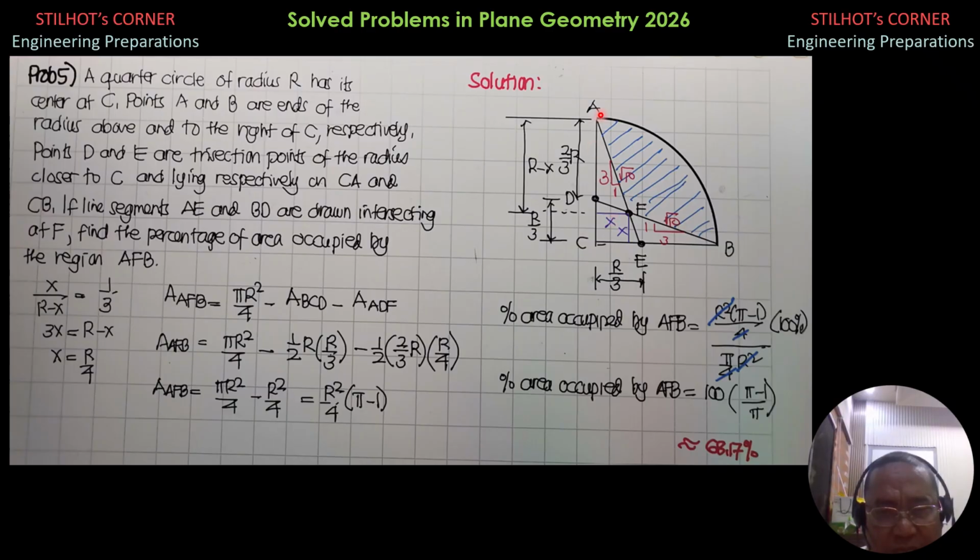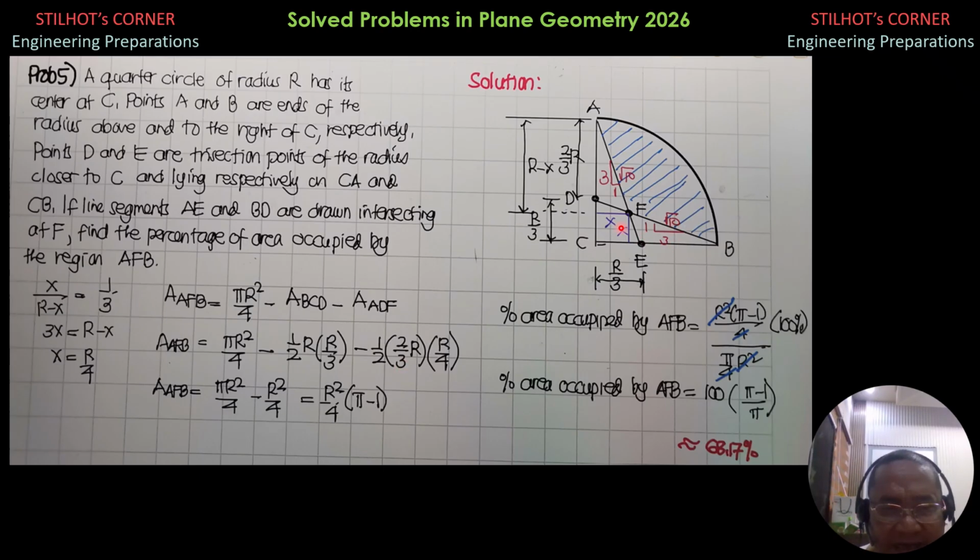The slope is, because this is r over 3 and that is r over 3 divided by r is 1/3. So 1/3 multiplied by 3 is 1 unit, and this should be 3 units. So the slope is 1 to 3, that's square root of 10, same is to here, 1 to 3 square root of 10.